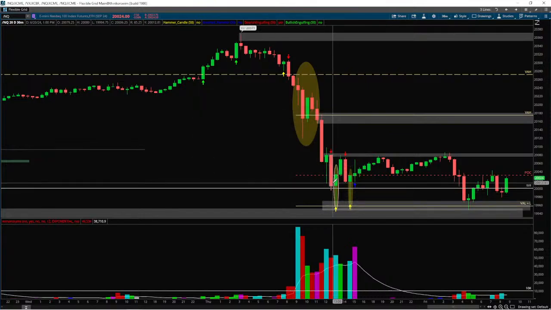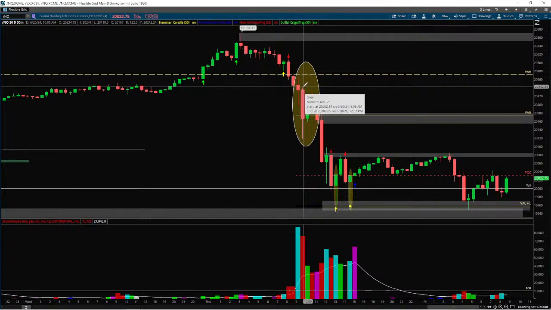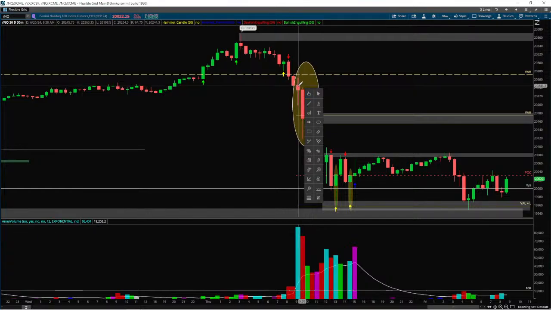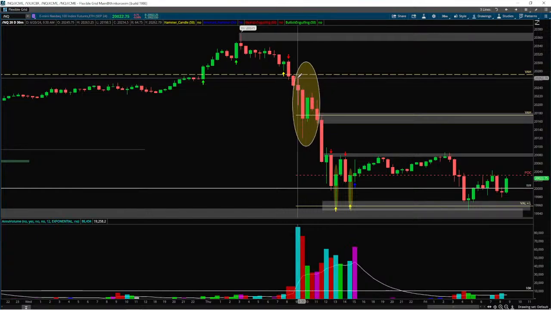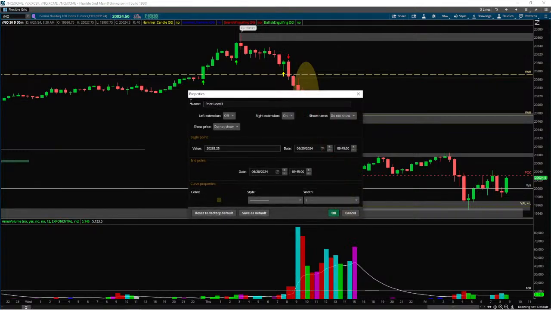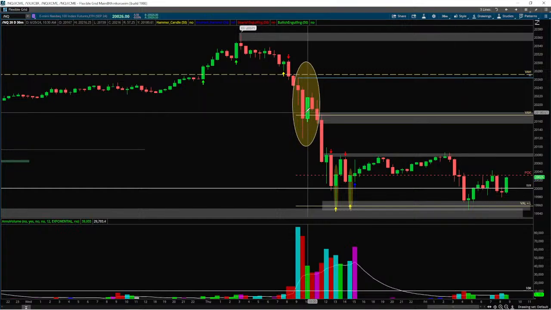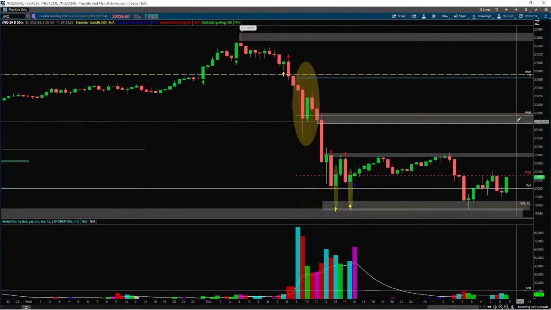All right, so kind of have all of my levels for this one. I also add the higher day. There we go. That's the high. So, like I said, this is definitely an area I'm interested in seeing price reject.